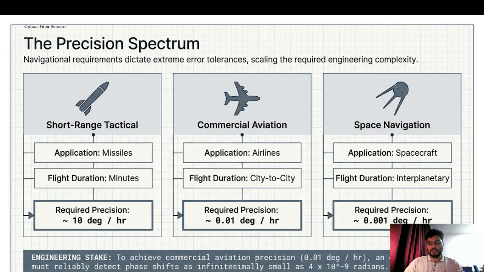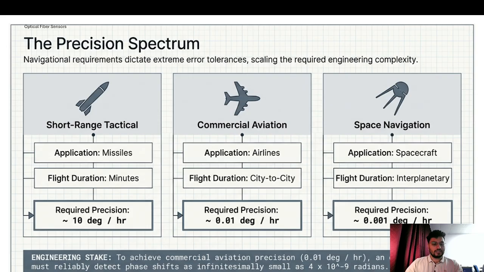For space navigation, interplanetary or interspace, the precision requirement is very high, 0.0001 degree per hour. So as you can see, the precision requirement increases towards space navigation.